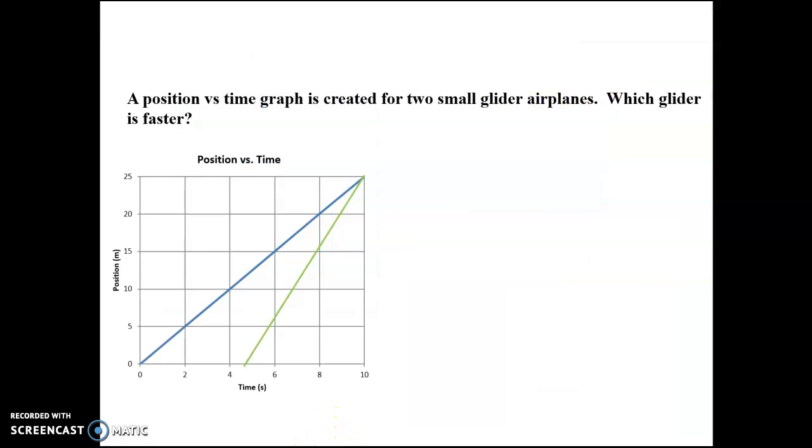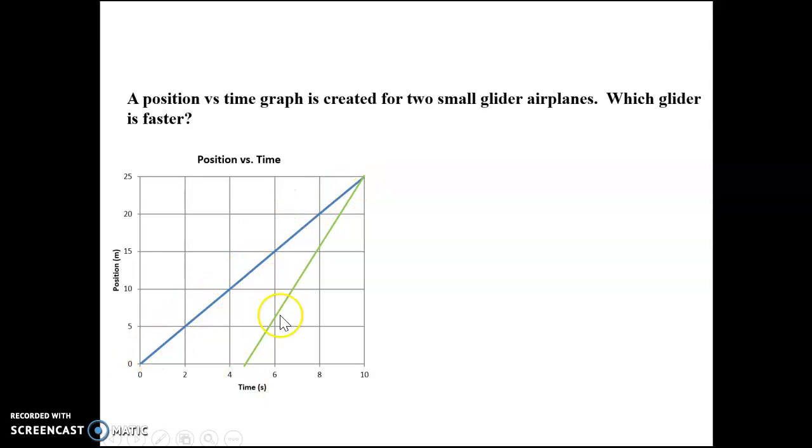Then, if we take a look at a graph like this, this position versus time graph is created for two small glider airplanes. Which glider is actually faster? You could tell by looking at the graph and the two lines that are made. There's the blue glider and the green glider, and we could do this one of two ways.